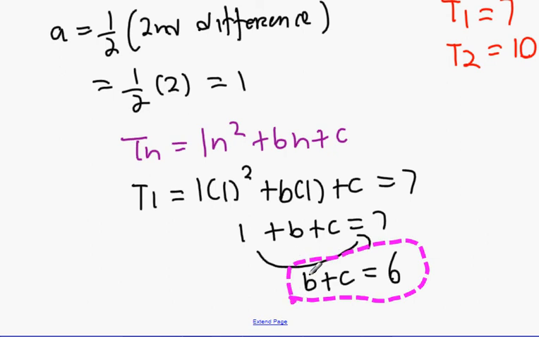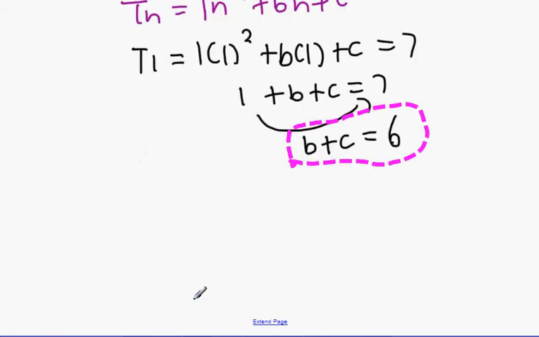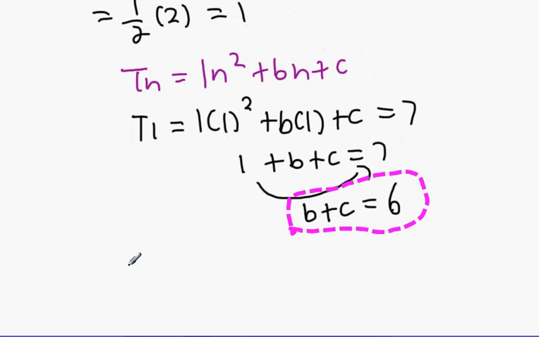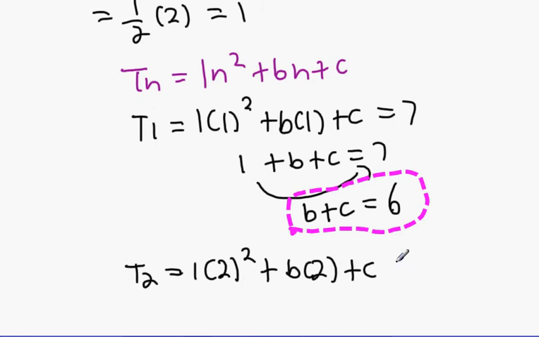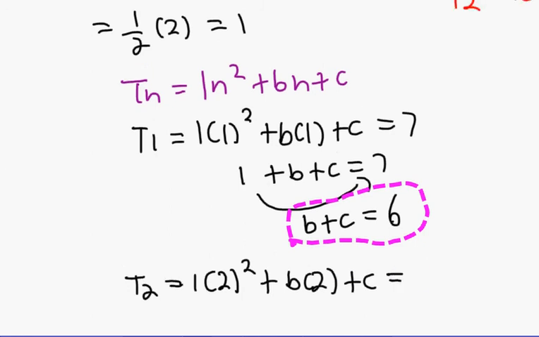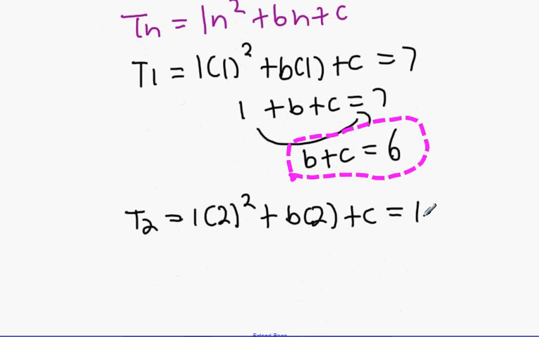You've done T1. What do you do after T1? You've got to do T2. So to do T2, all you do is replace anywhere you see n with 2. It's going to be 1 times 2 squared plus b times 2 plus c equals not 7, it's equal to 10. 4, when you put it into the calculator, plus 2b plus c equals 10.